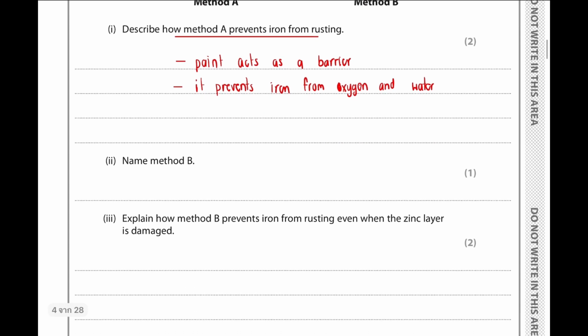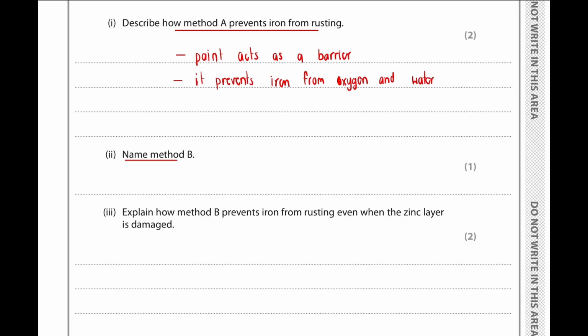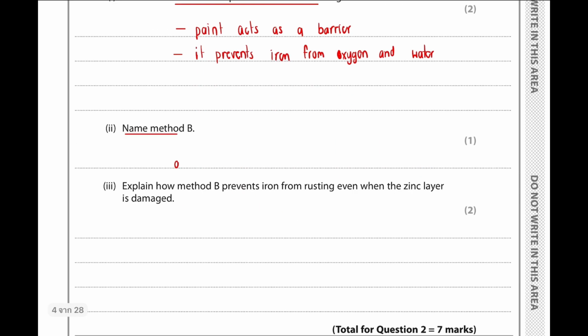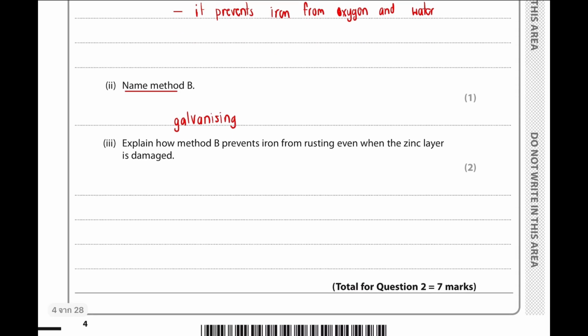Question II. Name method B. So it is galvanizing. Question III. Explain how method B prevents iron from rusting even when the zinc layer is damaged. Okay.